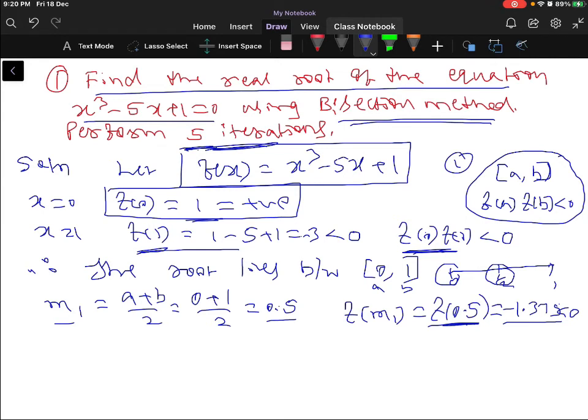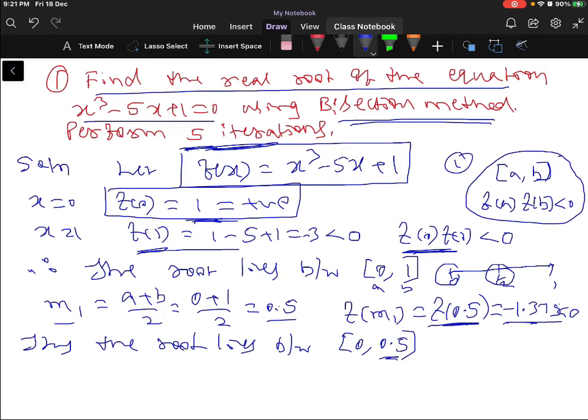Therefore the root lies in the interval (0, 0.5), because f(0) is positive and f(0.5) is negative.